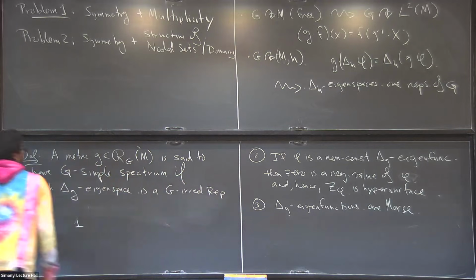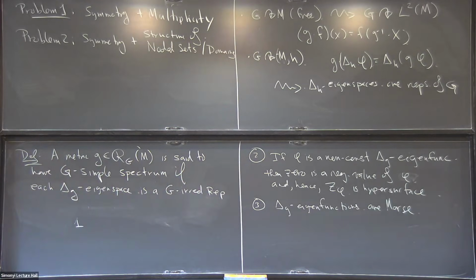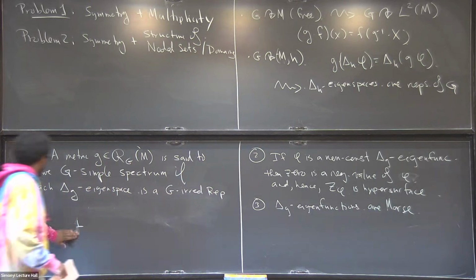All right. And so then I guess our problem becomes, well, is this actually a generic property within the space of G-invariant metrics?